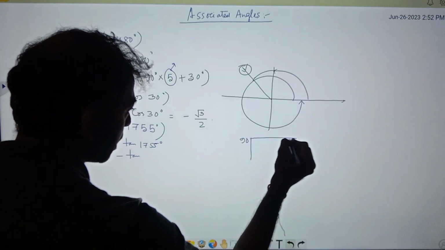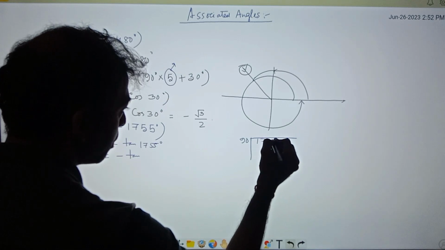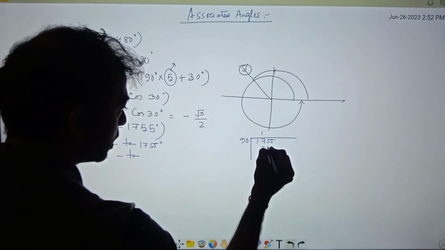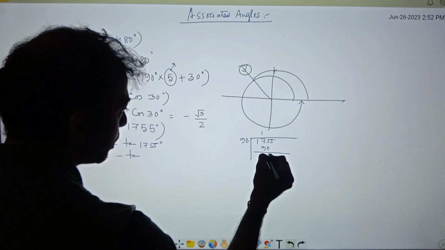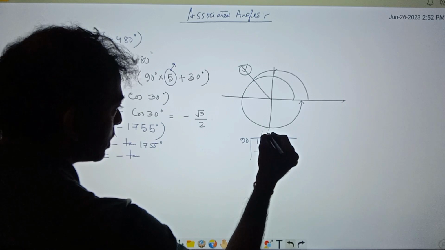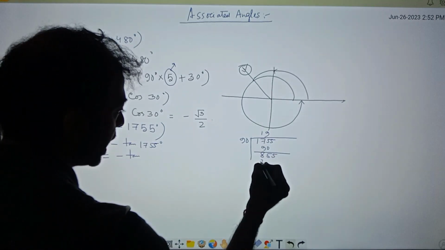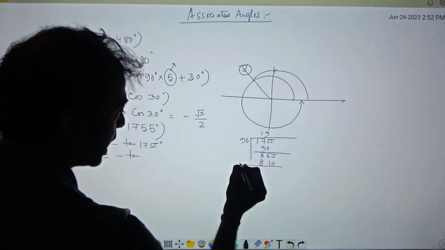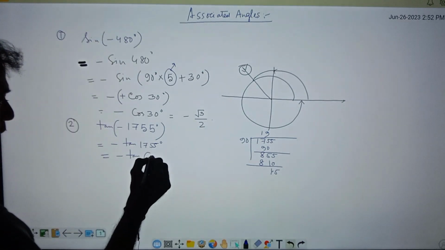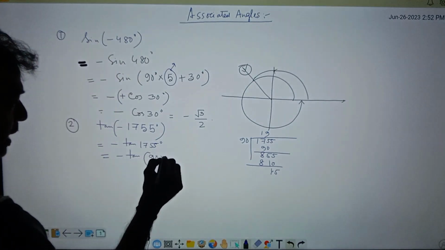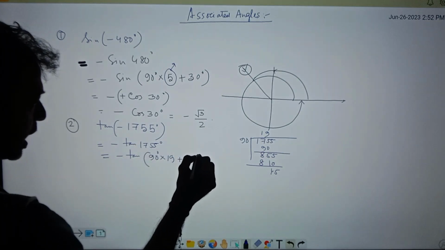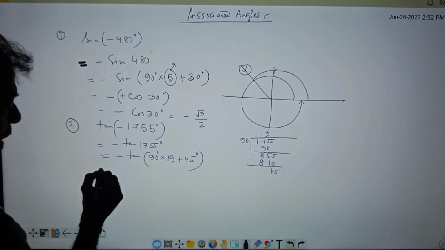After dividing 1755 degree by 90, we get 90 into 9, that is 810, and the remainder will be 45 degree. So that will be 90 degree into 19 plus 45 degree.